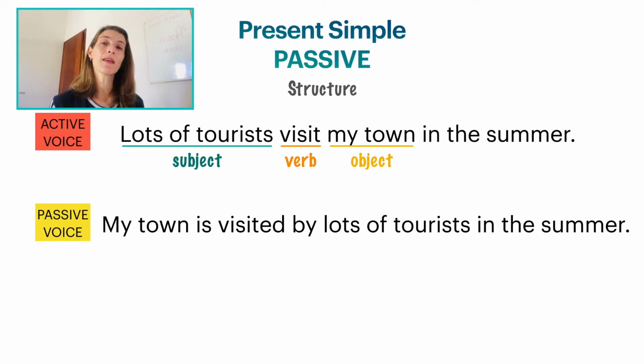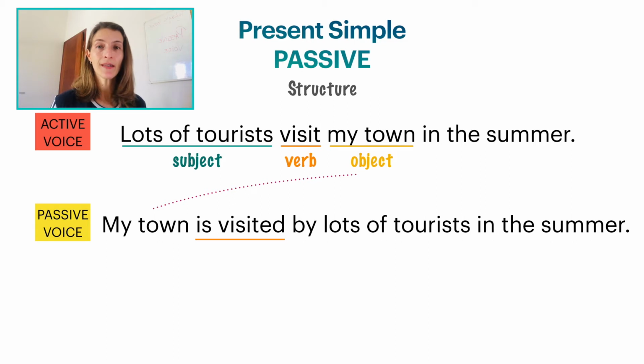So, what was the object in the active sentence becomes the grammatical subject of the passive voice sentence. ¿Sí? El objeto ahora pasa a ocupar el lugar de sujeto gramatical, porque no es quien realiza la acción, pero pasa al comienzo, ¿sí? Entonces se le llama sujeto gramatical. And then we have the verb, is visited.